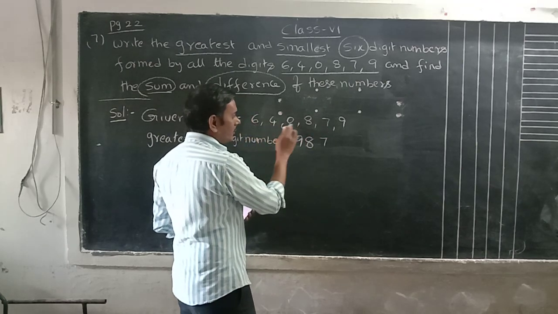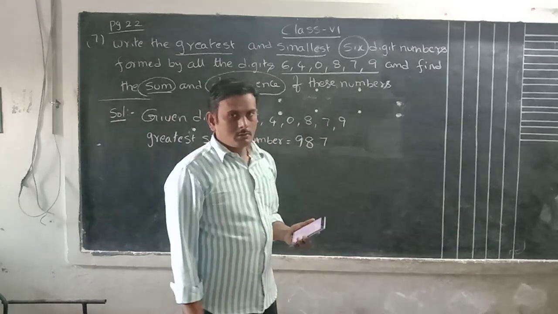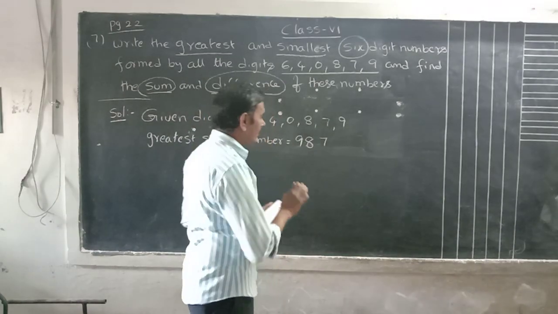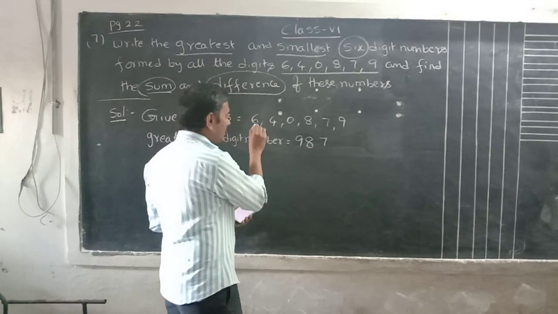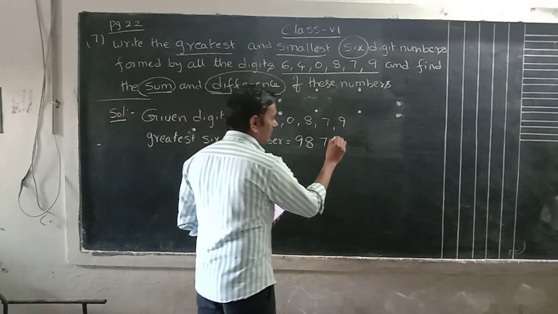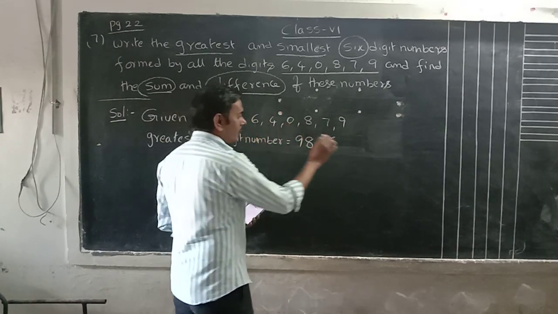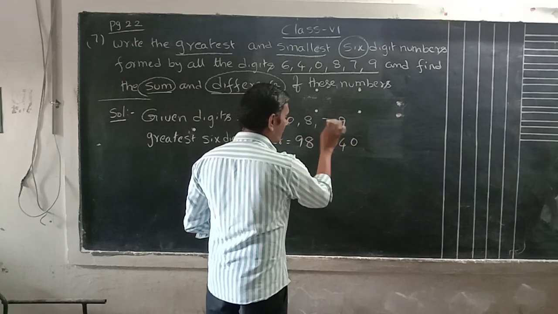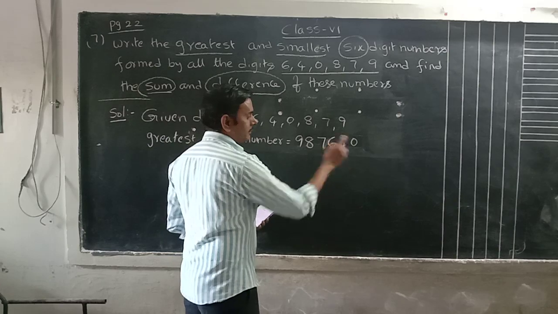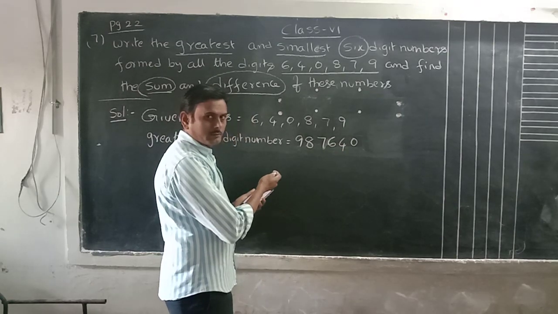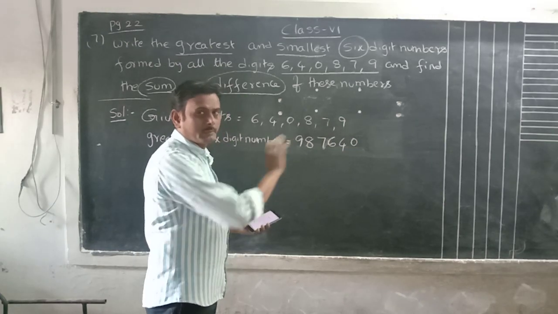Then 6, 4, 0: 6 is greater, then 4, 0. So 9, 8, 7, 6, 4, 0. To prepare the greatest number, write the digits in descending order without commas.